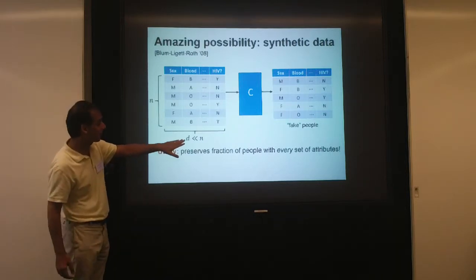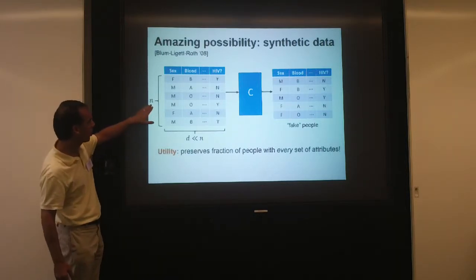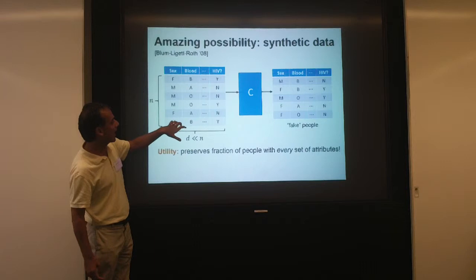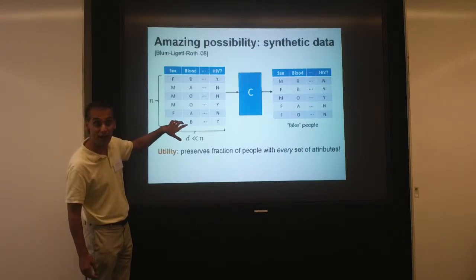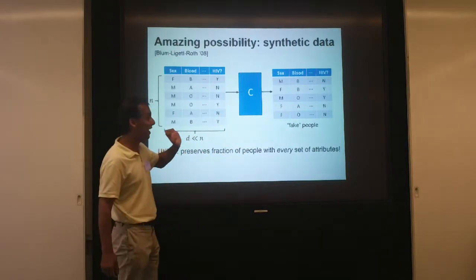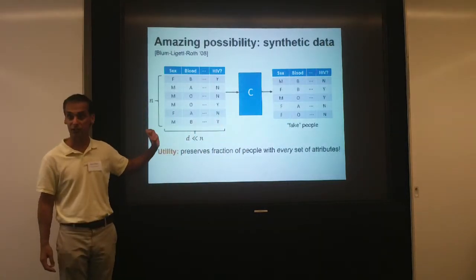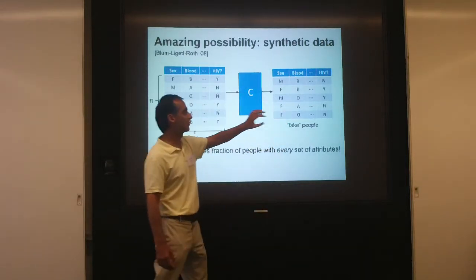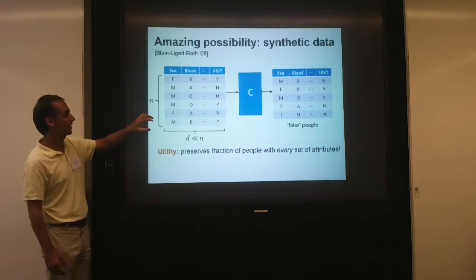So if I have some number of attributes, D, that's small compared to N, the number of people in the data set, every combination of these attributes, the fraction of the synthetic data set that has people with that fraction of those attributes is approximately the same as in the original. So the fraction of the people that are male and blood type O is approximately the same in the synthetic data set as in the original.